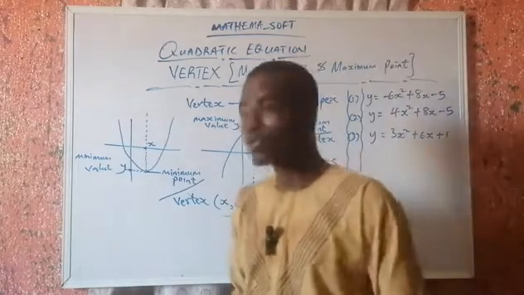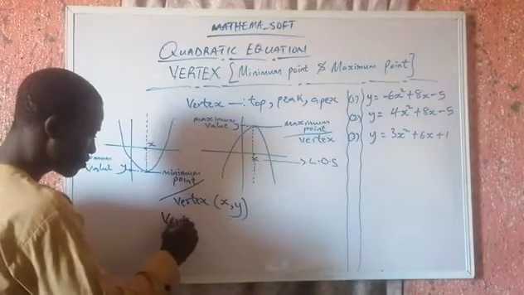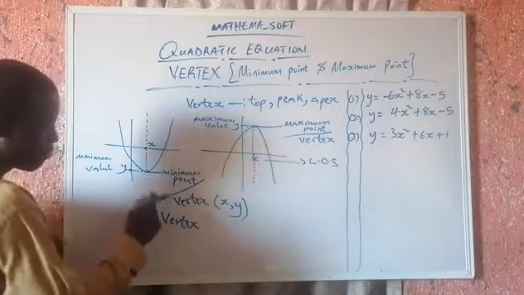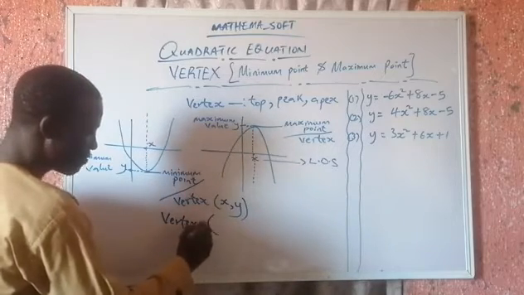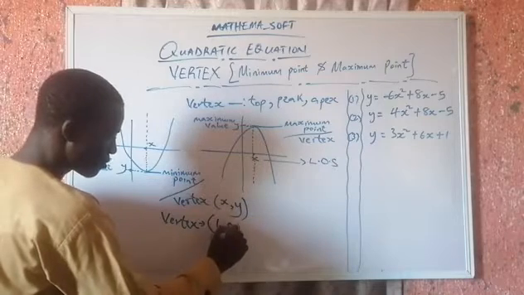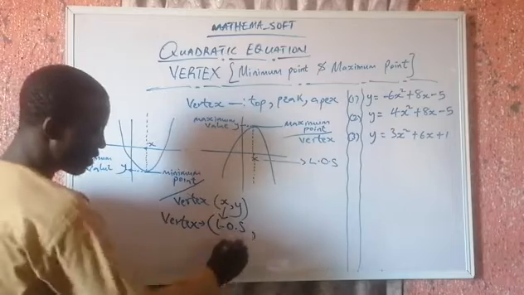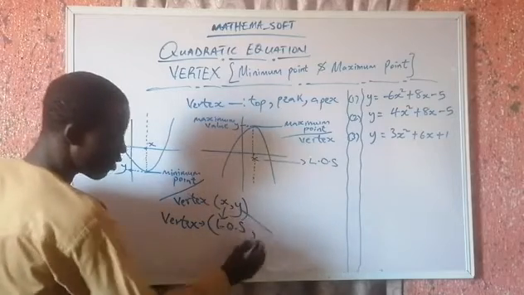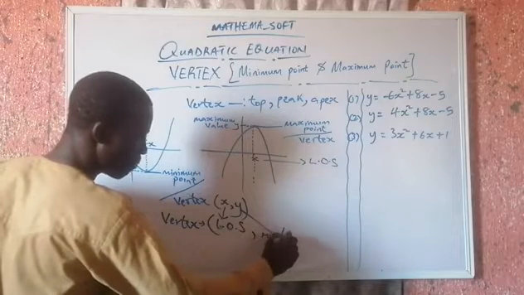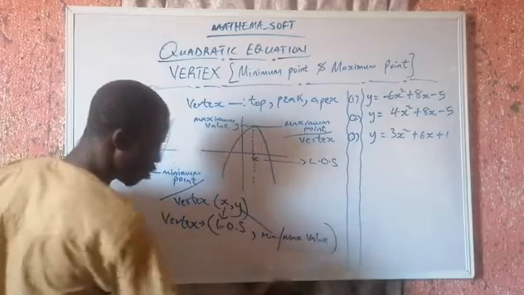So we can conclude that the coordinate of the vertex, which can either be the maximum point or minimum point, is given as the line of symmetry, which will be the x coordinate of the vertex, and the y coordinate of it can either be the minimum or maximum value of the quadratic curve.